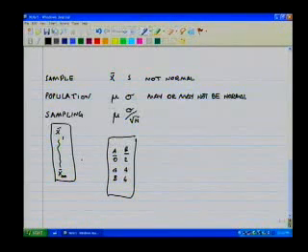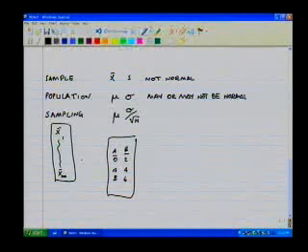Box shape, Mickey Mouse shape, amphibious landing craft shape, normally shaped.